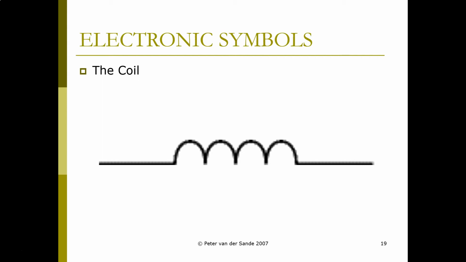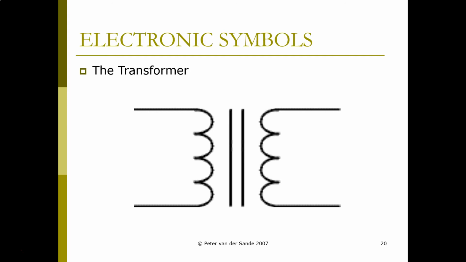When you put two coils together with a magnetic or inductive core, you end up with a transformer. And if you remember, changing the number of coils on the left side versus the right side will allow you to change the voltage from one voltage to another. That's one purpose of the transformer.